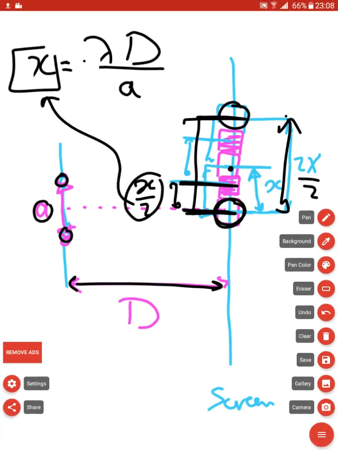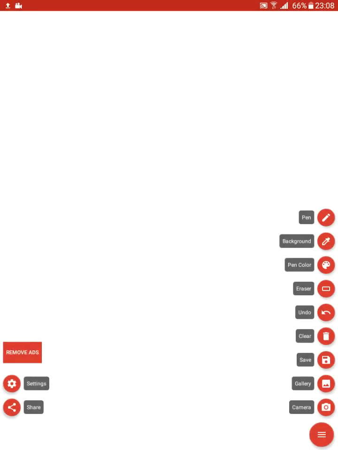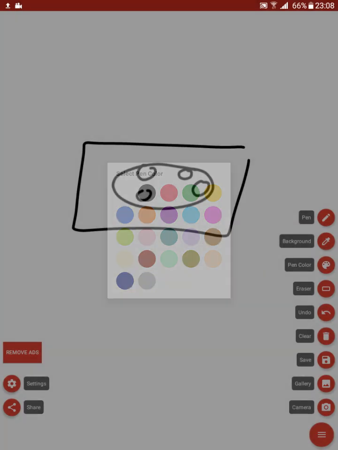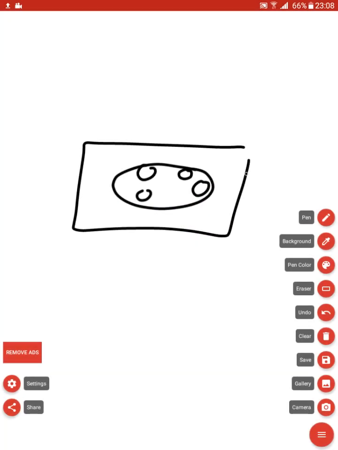Sometimes when you use a microwave, you can see that some places in the food are hotter than other places. Why is this? Because of constructive and destructive interference.